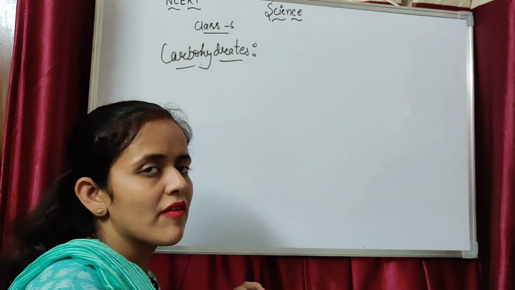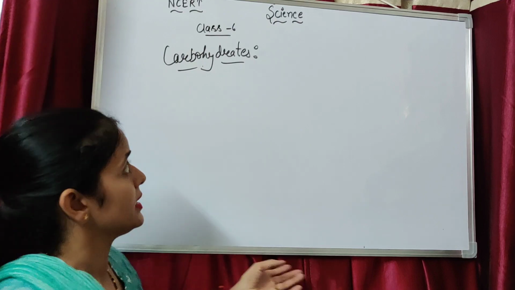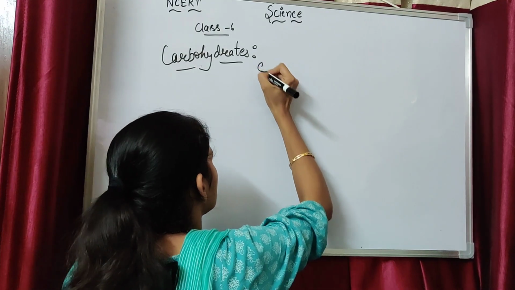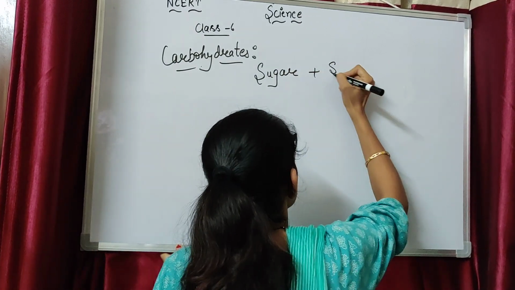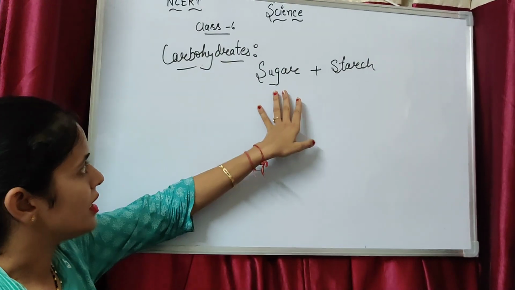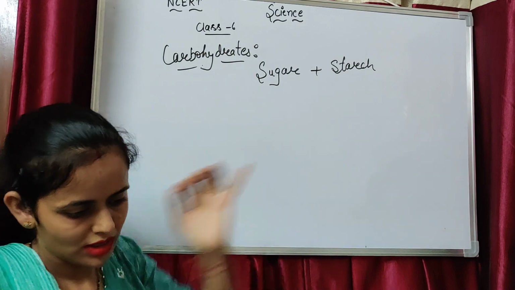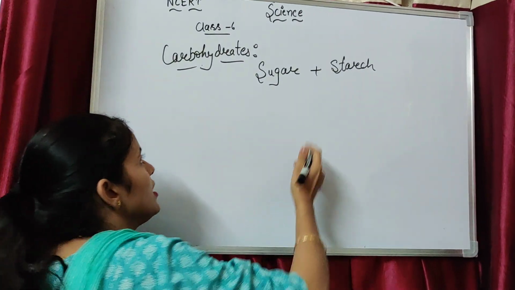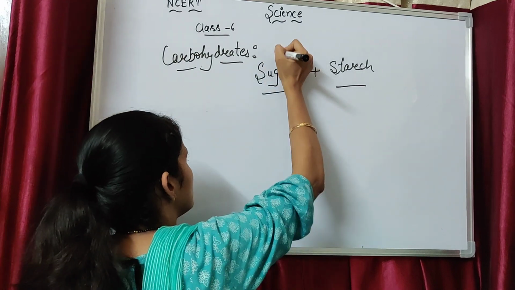These are present in our body in many forms, but the major forms of carbohydrates are sugar plus starch. These both are the major forms of carbohydrate. Sugar and starch. Potato.